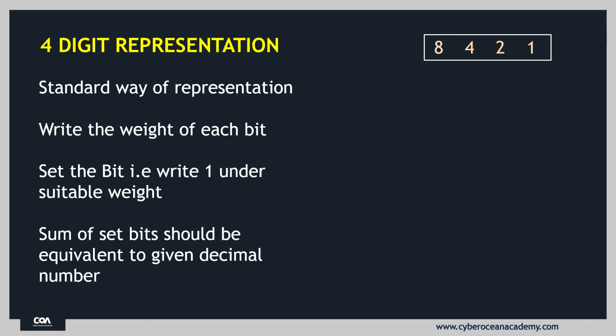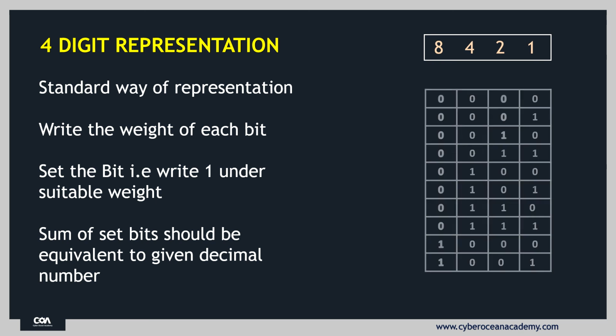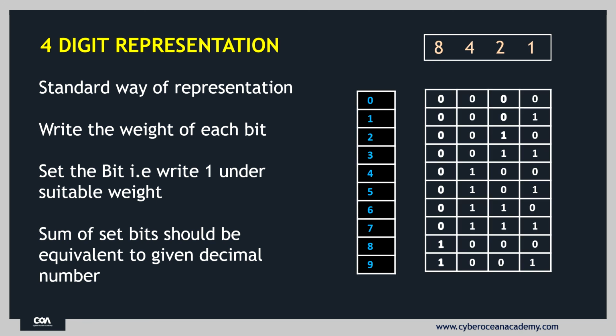Now, what is the process to write a decimal number in 8421 weighted code format as a binary number? First we write the weight of each bit, and after that we set the bits, that is, put 1 under the suitable weights. Let's understand with an example. Take 5. What is the suitable weight for 5? When we add 4 and 1, it gives 5.